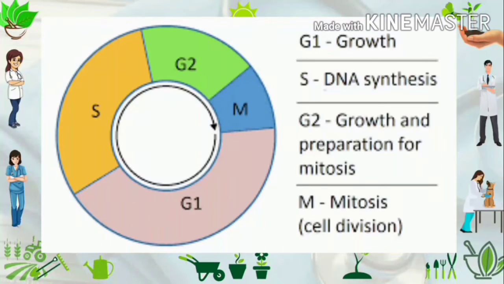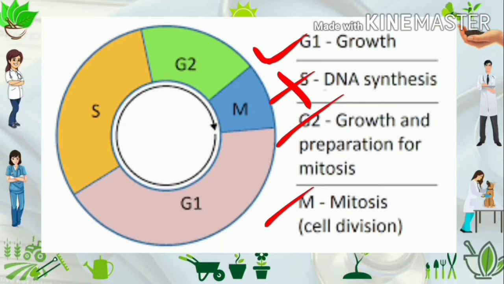We can discuss the cell cycle. It consists of G1 phase, S phase, G2 phase and the cell division phase. In the gap 1 phase, the cell is metabolically active. Why? Because growth occurs in that stage. But DNA synthesis occurs in the S phase. So there is no DNA synthesis in G1 phase.